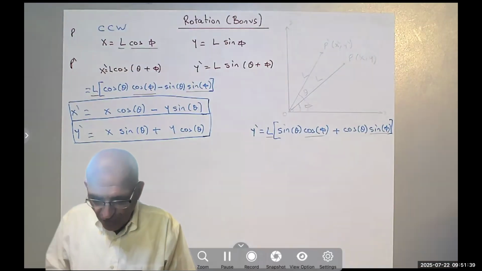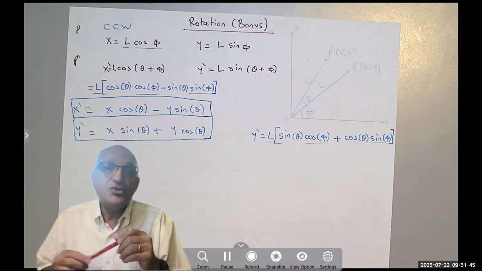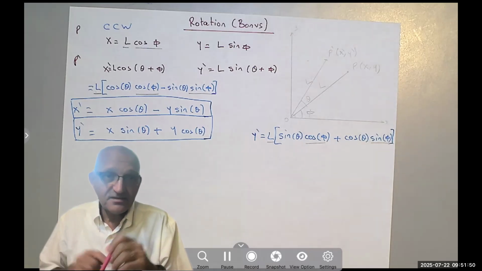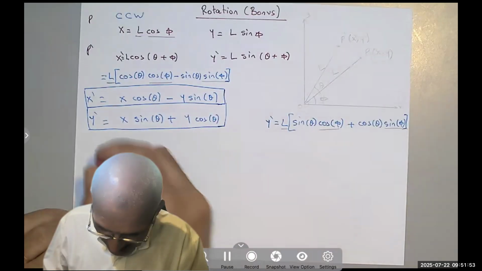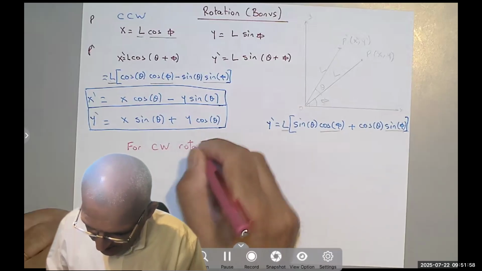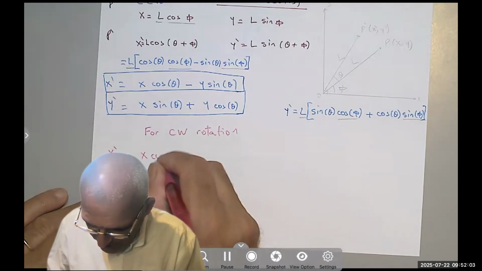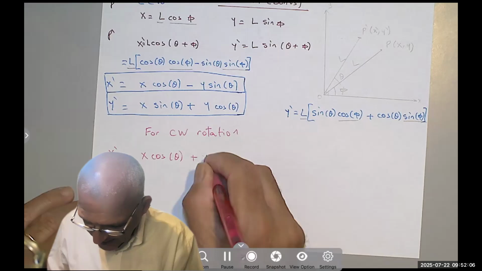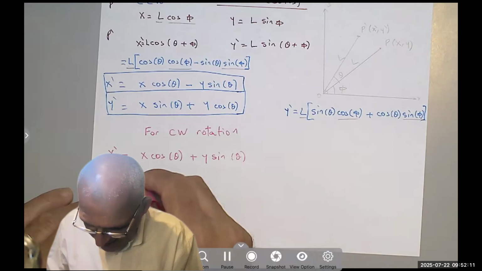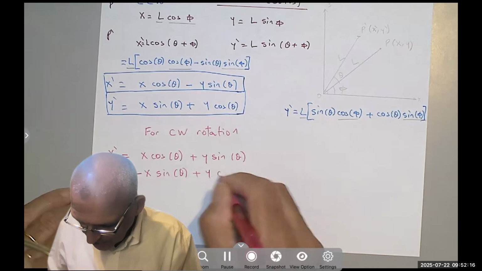It turns out if you solve for x and y in terms of x prime and y prime, or when you learn how to find the inverse of a matrix later in math, we are going to say that for clockwise rotation, x prime would be x cosine theta plus y sine theta, and y prime would be negative x sine theta plus y cosine theta.